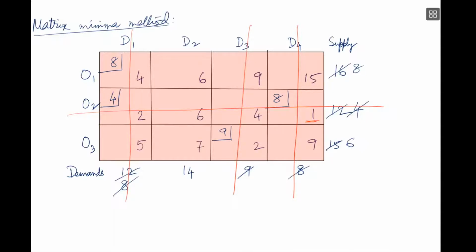And finally, in the D2 column, we make our allocations 8 and 6, as only those are the remaining cells.